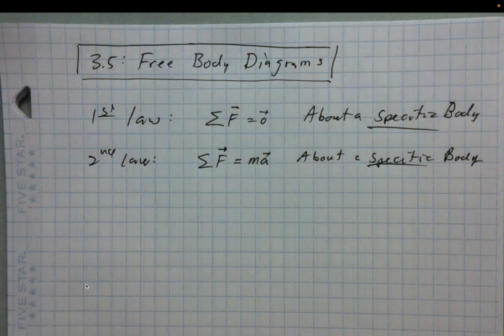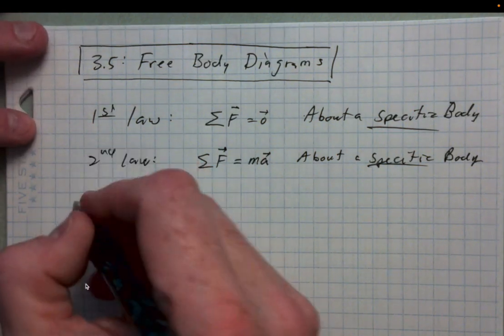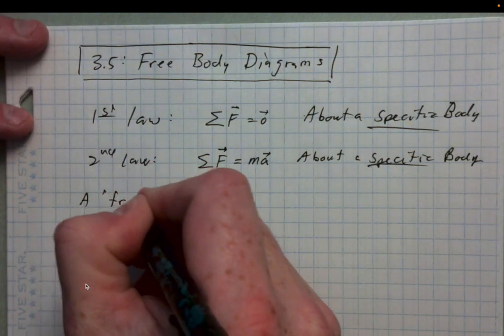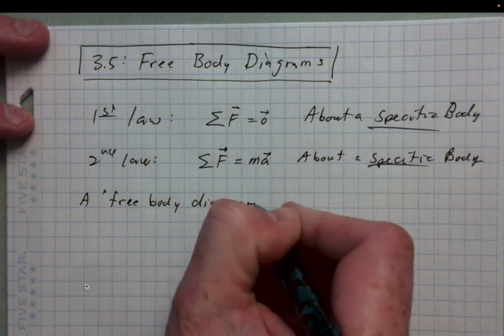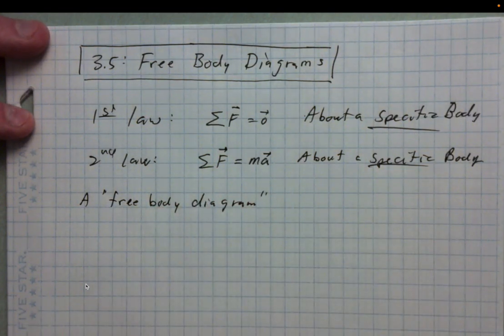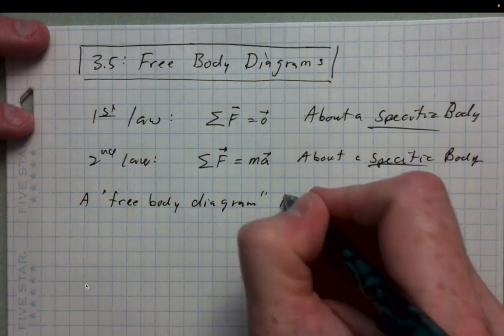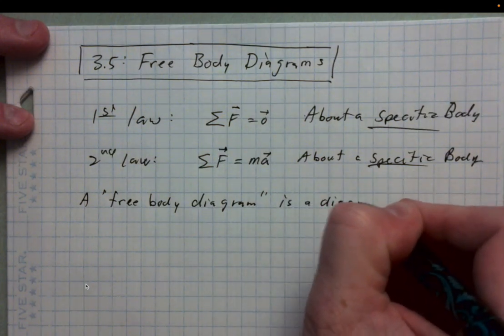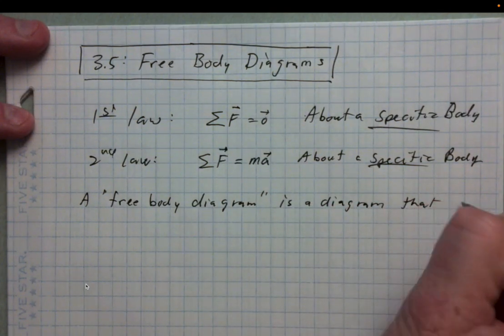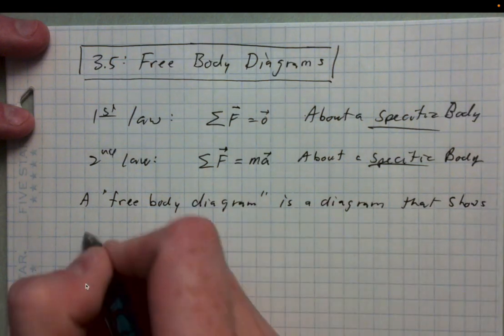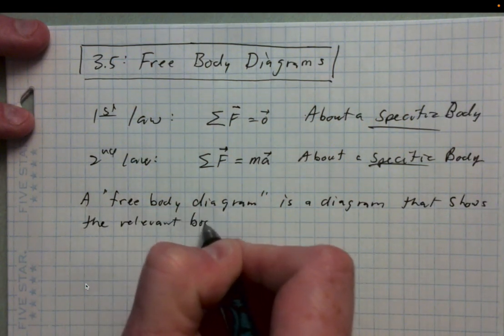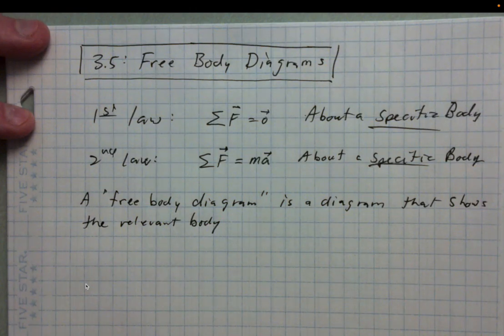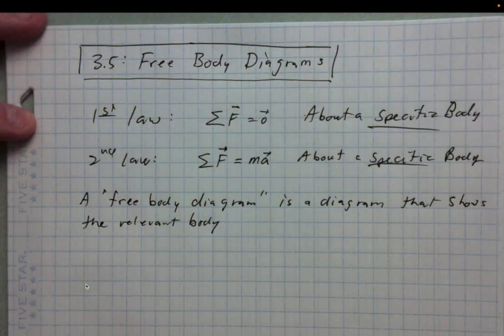So what is a free body diagram? What is this thing? It's a diagram that shows the relevant body, i.e. the body upon which forces are acting and upon which there's some acceleration, right?